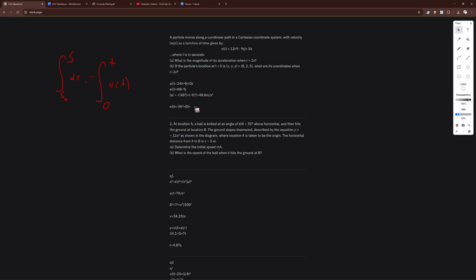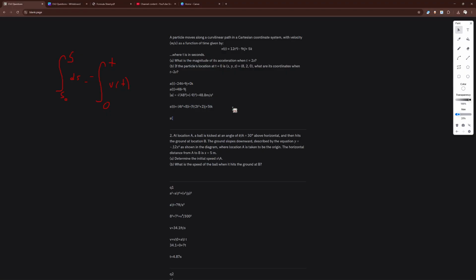And then minus 9 over 2 t squared plus 2, j. And then plus 5tk, because it's just 0, so that doesn't matter. And now we just plug in t equals 2 to this. So we get 4 times 8 plus 8, which is 40.